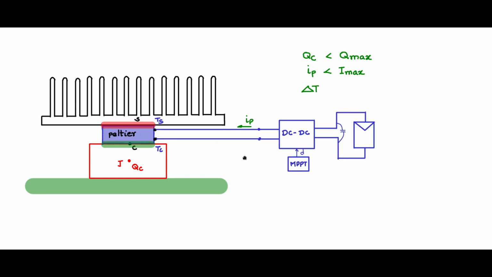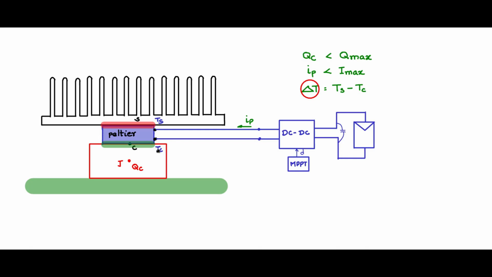Ts minus Tc, delta T. Ts minus Tc is the delta T across the Peltier junctions, and this is a design parameter for a particular application. One must decide how much should be the delta T, how much should be the difference in temperature between the heat sink and the case in this particular example.